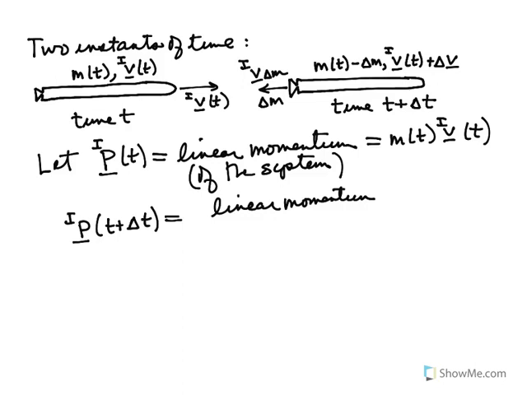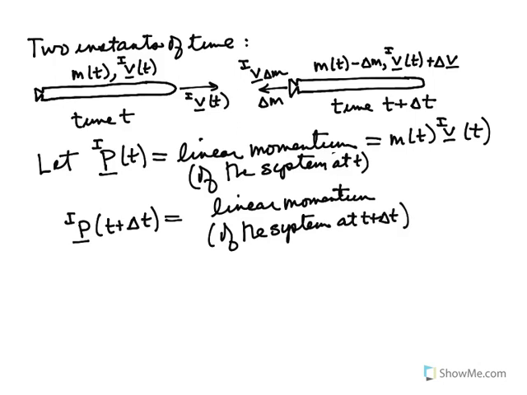And I could make that a little bit clearer up here. This is the linear momentum of the system at t. This is the linear momentum of the system, and again I'll put it in parentheses, of the system at t plus delta t.